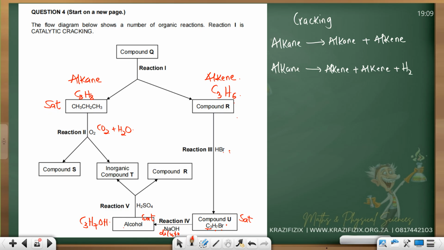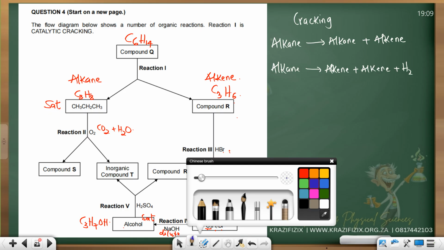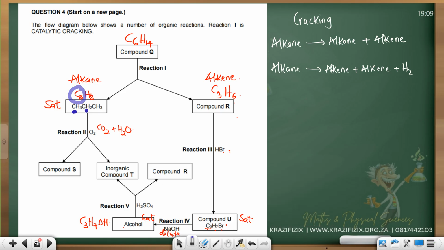That's why this is that. Automatically, what would this be? C6H14. Do you know how I got my C6 now? I just added the 3 carbon atoms here. 1, 2, 3. And the 3 carbon. How did I get these 3 carbon atoms from here?